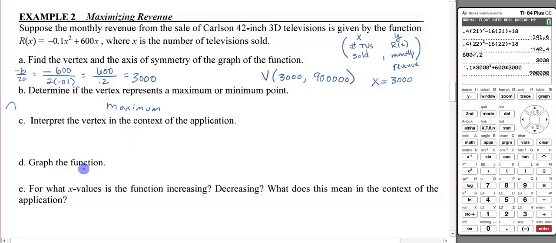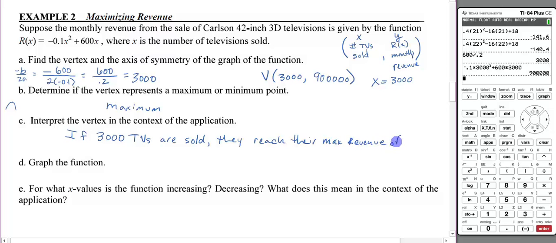And we need to interpret the vertex in the context of the application. That means you mention both x and y and talk about what it means in terms of the language that's used in the problem. So this means that if 3,000 TVs are sold, then they reach their maximum revenue of $900,000.